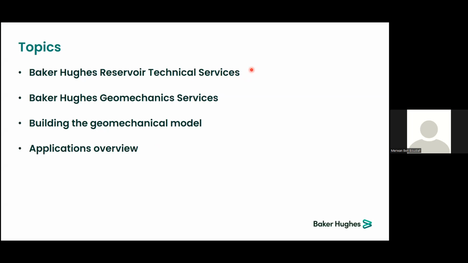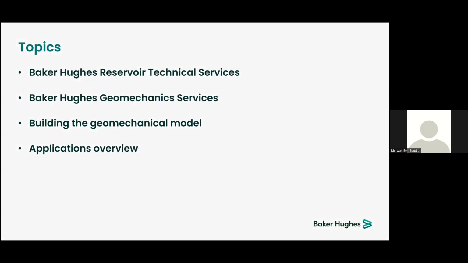Then we will go for Baker Hughes Geomechanics Services, just a general overview of what we're proposing. Then we'll enter more into technical content and go through the steps of building a geomechanical model, what we need to do and all the steps to follow. Then we'll finish with some of the main applications of building a geomechanical model that benefit the oil and gas industry.